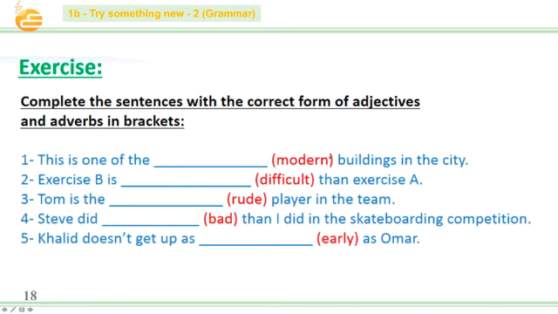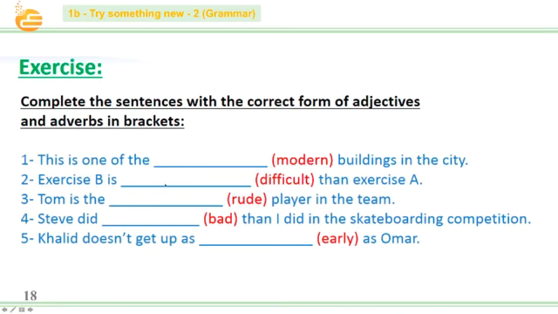If you want to start, you have first to know if it is comparative or superlative. Then look at the adjective. Is it a long adjective or short adjective? Then answer the question.